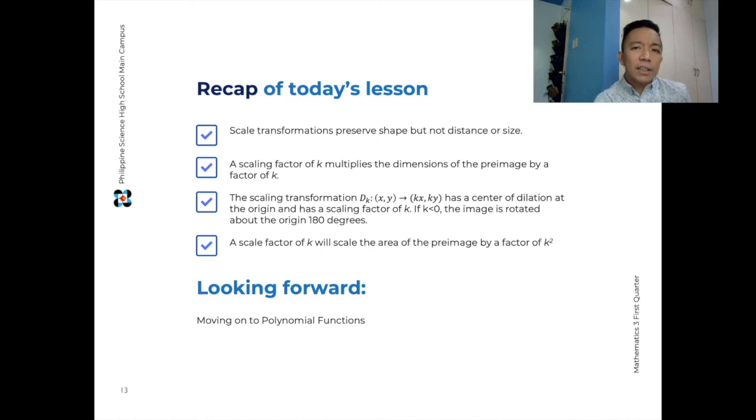If our center of dilation is located at the origin, then our scaling transformation can be represented by the mapping D sub k, where D just means dilation and k is the scaling factor, which maps (x, y) to (kx, ky). If k is between 0 and 1, this is a contraction.